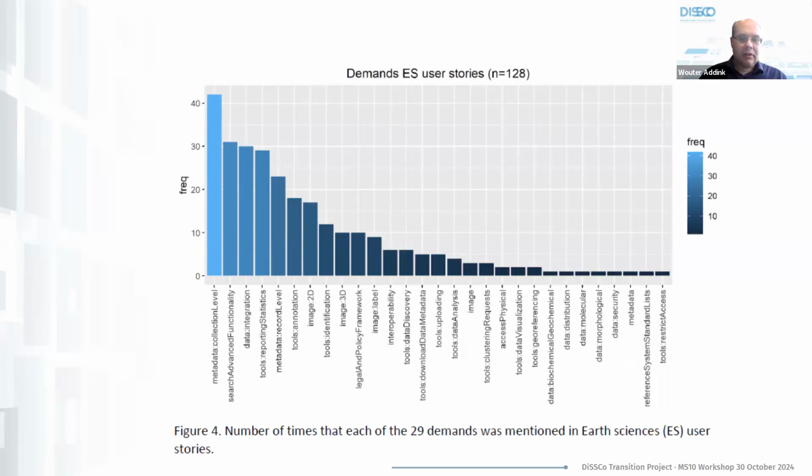You can see here also the need for 2D images and 3D images. But you see also that there is more need for data integration. That means the linkage with data in external infrastructures, as Sam already mentioned.